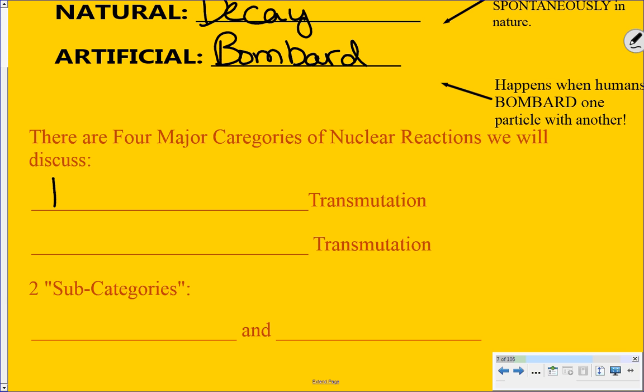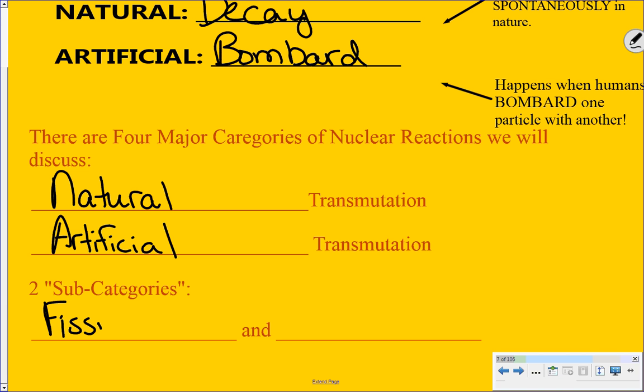So there are four major categories we will be talking about. There are natural transmutations, artificial transmutations, and there are kind of two subcategories, something called fission, which is a type of artificial transmutation.